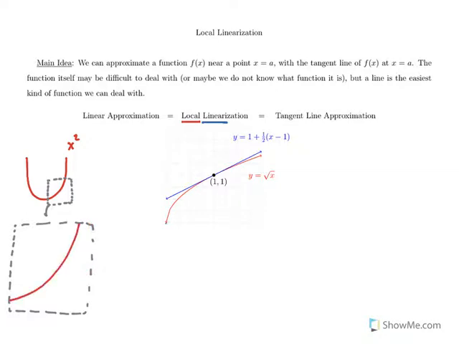And if we could zoom in even further, we would see that this function is starting to look more and more like a line. And we could do it maybe even once more.